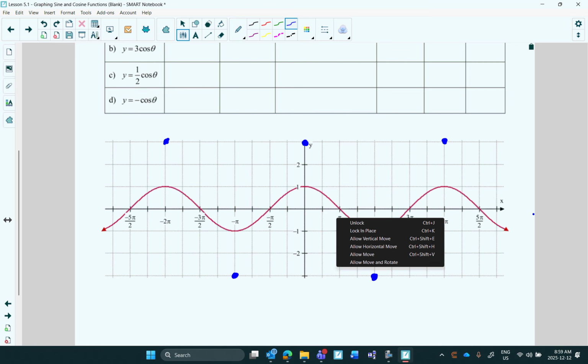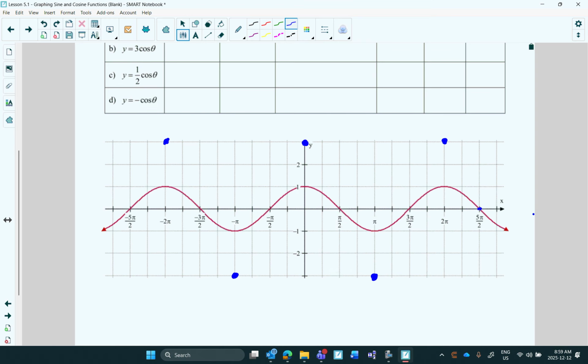If it's right on the x-axis or the midline, okay, well, it doesn't stretch anywhere because that's our starting point from where we're stretching from. So if it's already here, it stays here. So it's going to look like that.